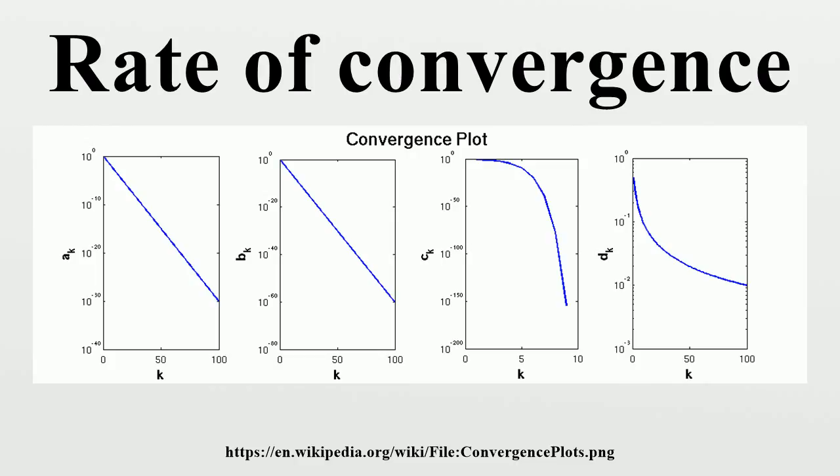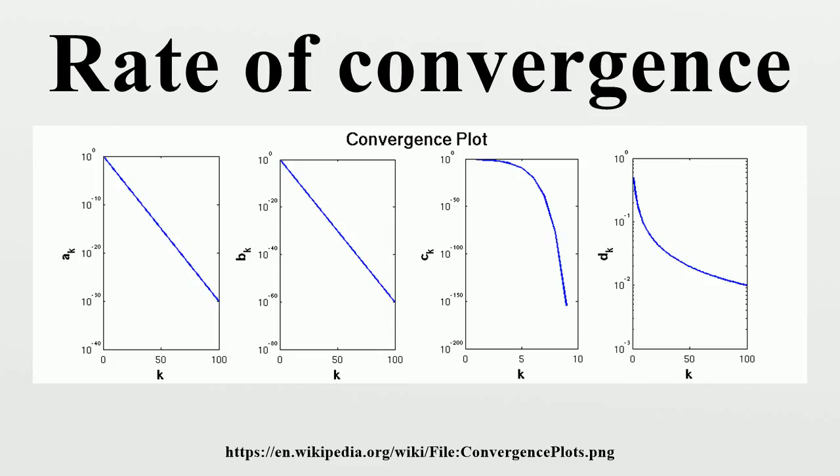In this case, a sequence is said to converge to L with order p if there exists a constant C such that the error is at most C times h to the p, which is written as xn minus L equals O of h to the p using the big O notation. This is the relevant definition when discussing methods for numerical quadrature or the solution of ordinary differential equations.